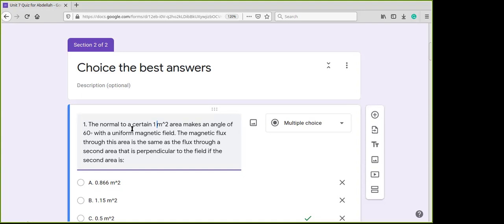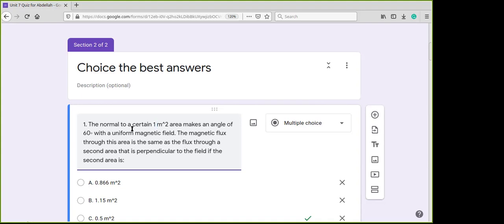Magnetic flux 1 is BA cos theta, that means the magnetic field B times the cosine of 60 degrees, which is the same as for the second flux, the magnetic flux through the second area is BA cos theta.